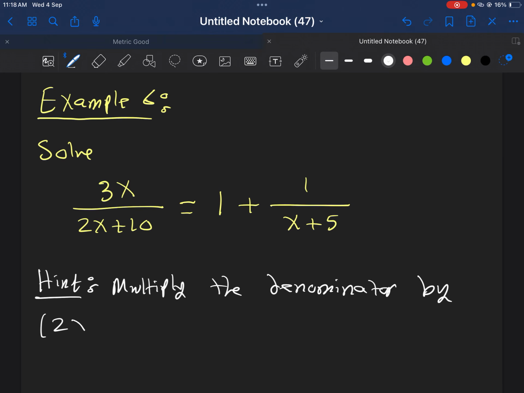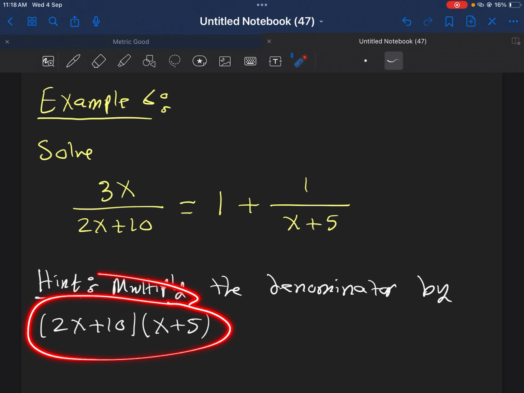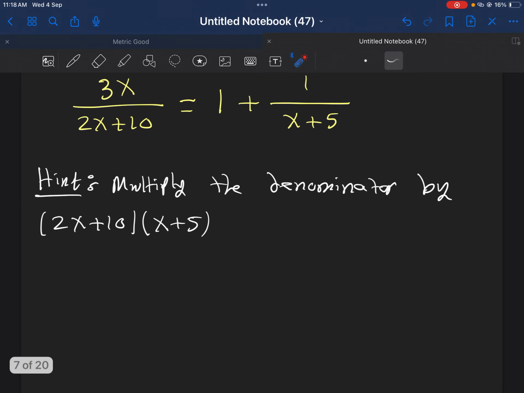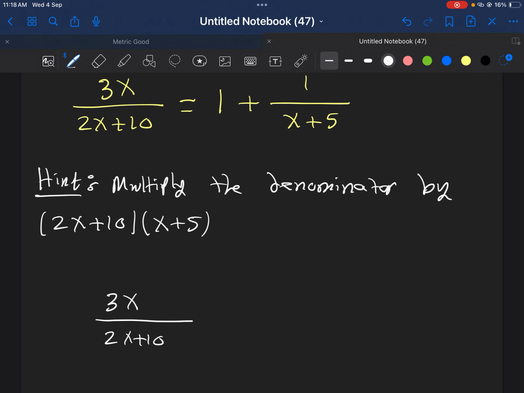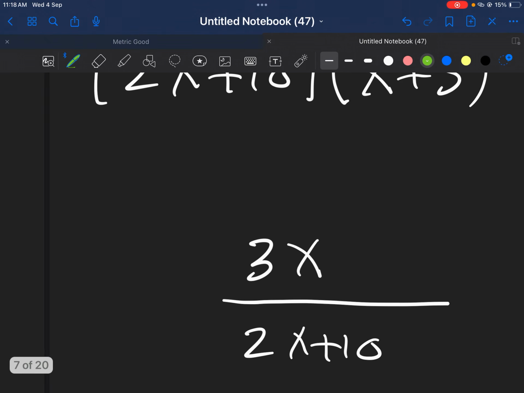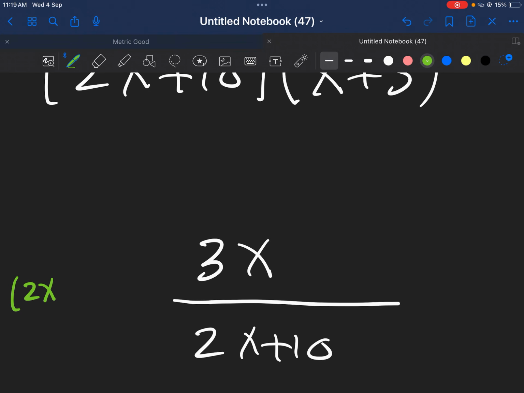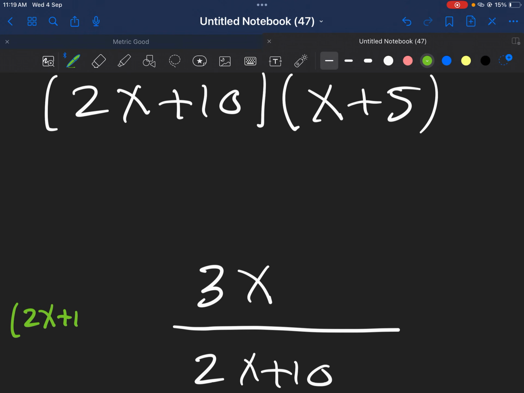What do I see? I see 2x plus 10, and also I see x plus 5. So what I'm going to do is multiply everything by this, here, here, and here. What do I mean by that? What's the benefit? Let's see. If I write the equation, this is the equation. Now, you multiply by 2x plus 10, you multiply by x plus 5.